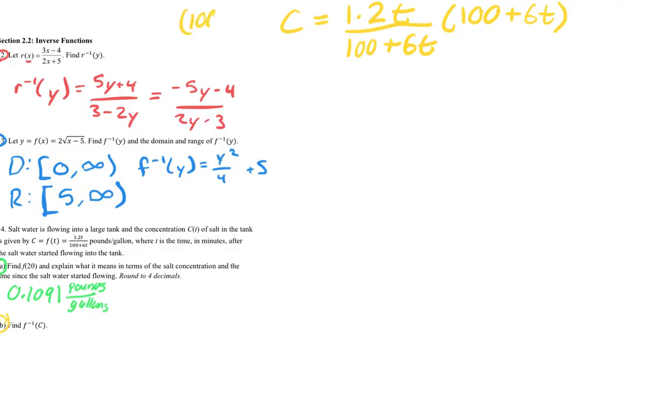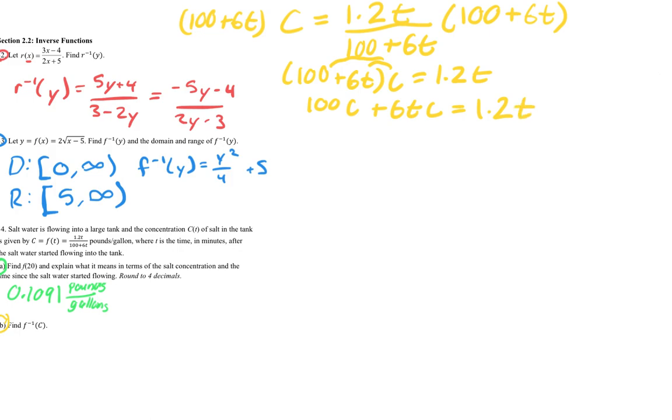So we have 100 plus 6t times c is equal to 1.2t. Next, I'm going to distribute the c, so 100c plus 6tc is equal to 1.2t.